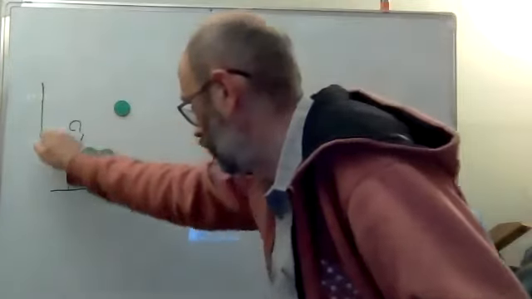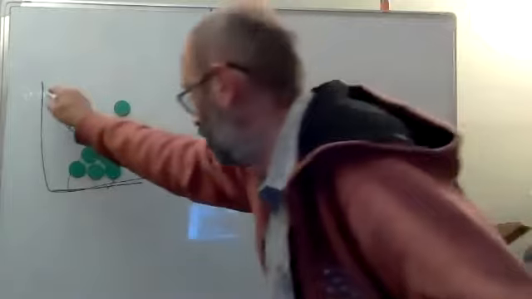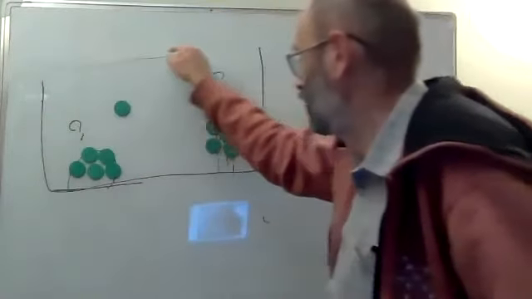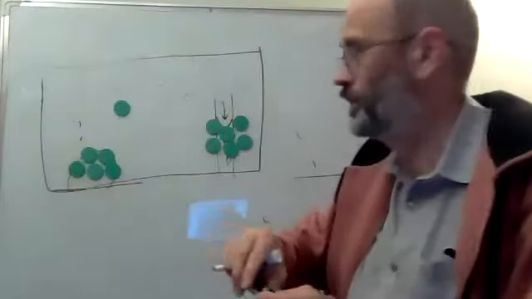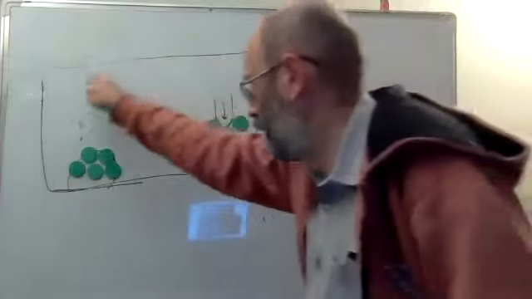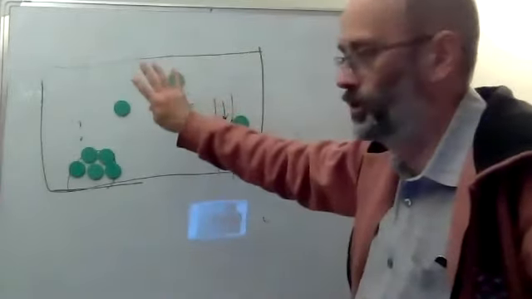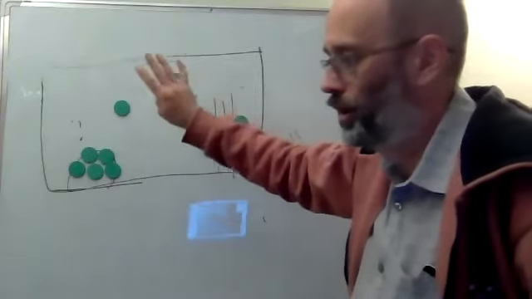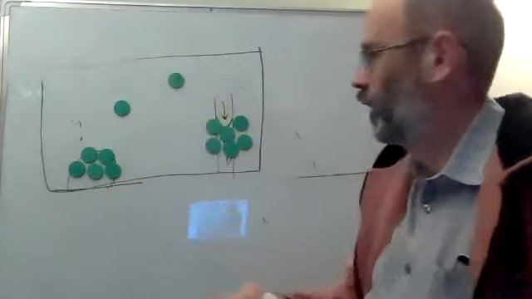Now, let's imagine all of that is in some container. This container is closed, and the system is supposed to be at equilibrium. So the vapor pressure here is the equilibrium pressure.